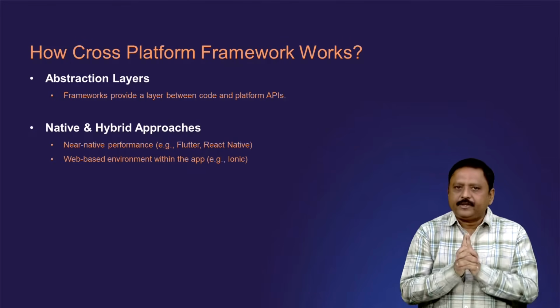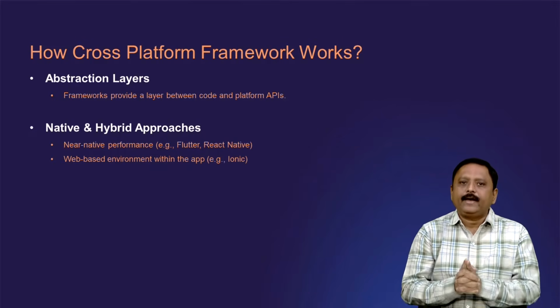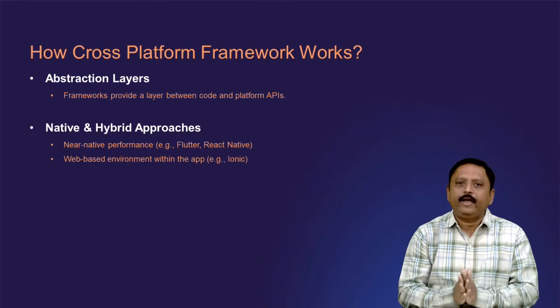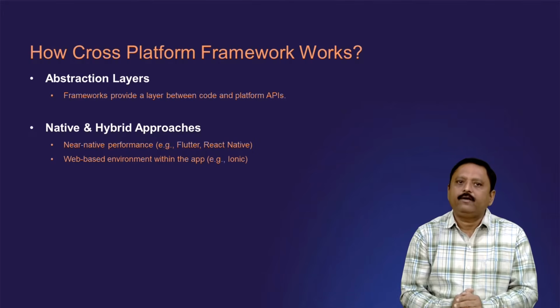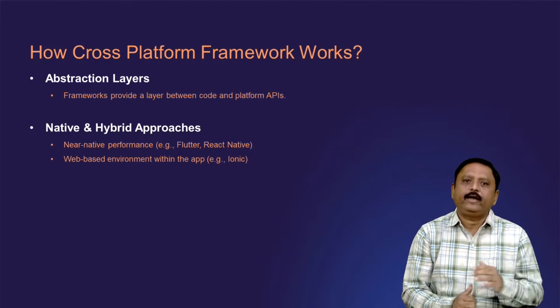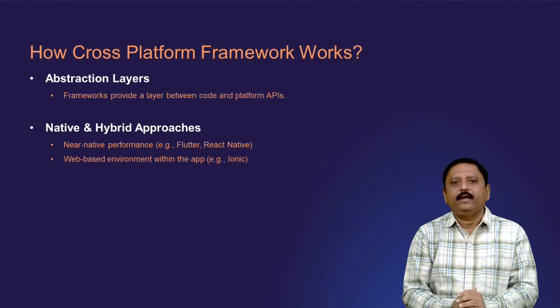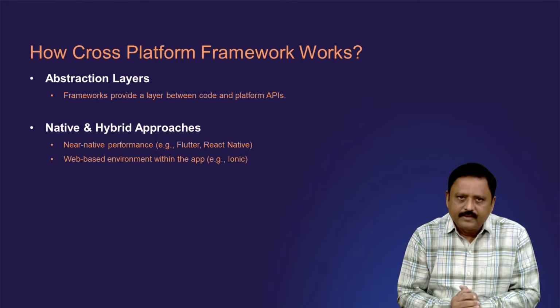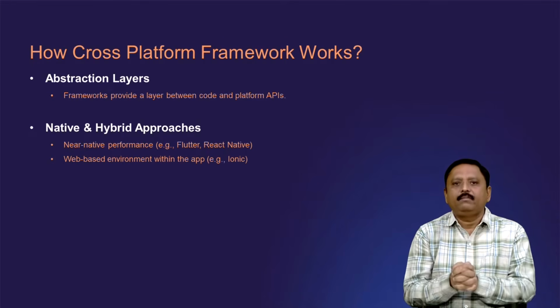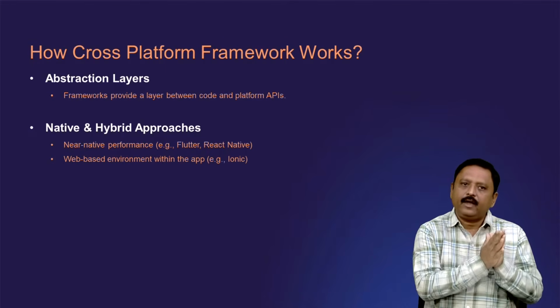Second is native and hybrid approaches. Some frameworks like React Native and Flutter provide near native performance by compiling to native code, while others like Ionic are more web-based and rely on a browser environment within the app.